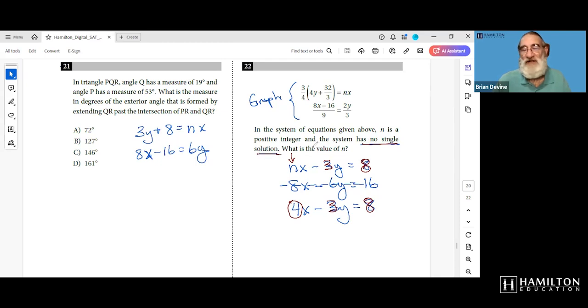They'd have infinite solutions. So if n was 4, then they're the same line, which means infinite solutions, which means there's no single solution. So n equals 4.